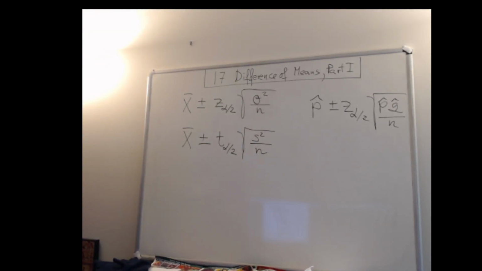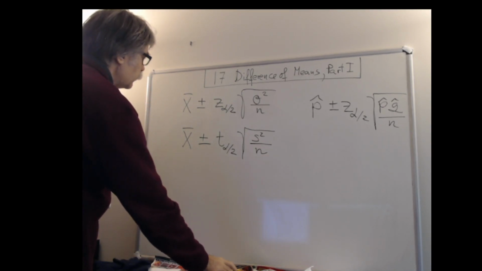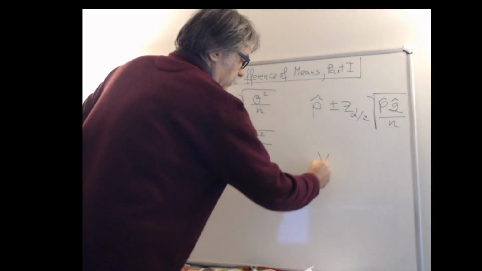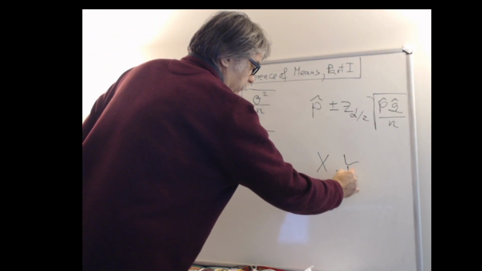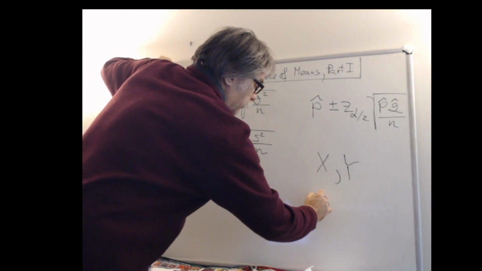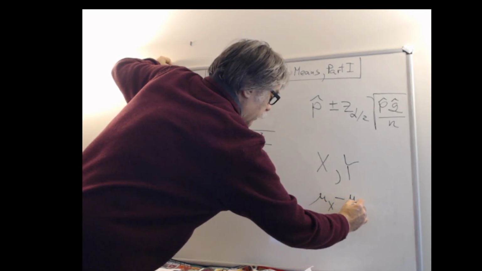Okay, the idea will be, obviously, I will have the point estimate. If I have two means, I would have two variables. One would be called x, and another one I would call y. So I'm interested in the difference of the means of x and y.